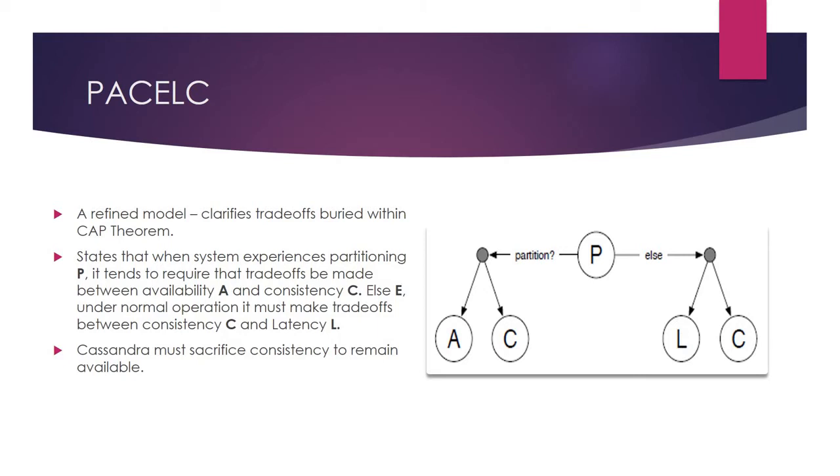This is because the right to durability is impossible when a replica is present on a failed node. The reasons behind these trade-offs are discussed in detail in further slides.